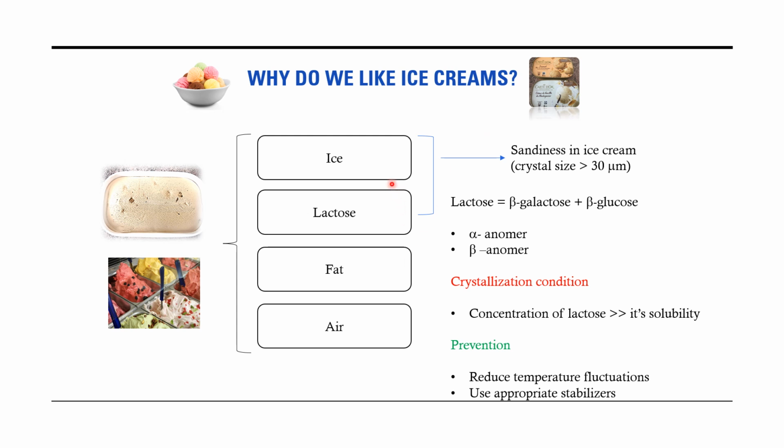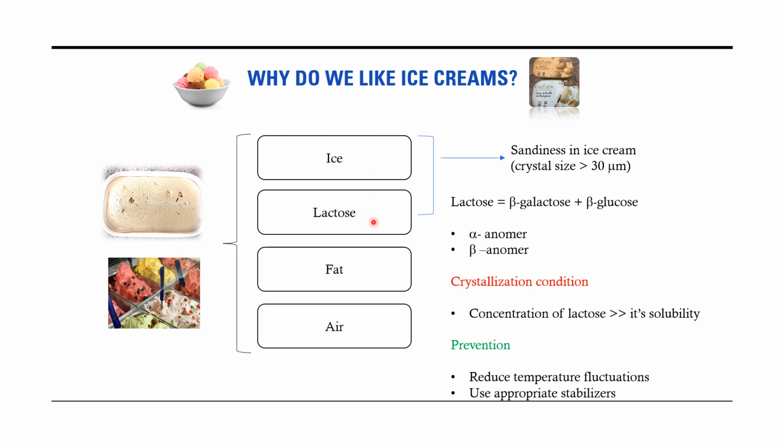Ice cream contains a lot of components like ice, lactose, fat, and air that impart it the characteristic mouthfeel and texture. But today we'll be discussing the ones that are responsible for causing defects in ice cream.